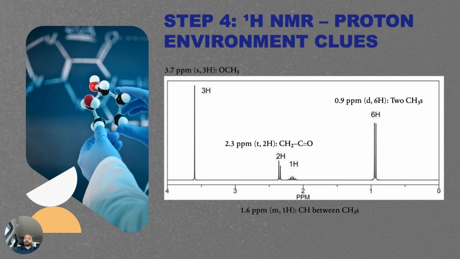A multiplet around 1.6 ppm, just 1H, likely a CH between the 2 methyls. And finally, a doublet at 0.9 ppm with an integration of 6H. That's 2 equivalent methyl groups. This pattern, especially the 6H doublet and the 1H multiplet, is a textbook signature of a CH(CH3)2 group, a branching motif.